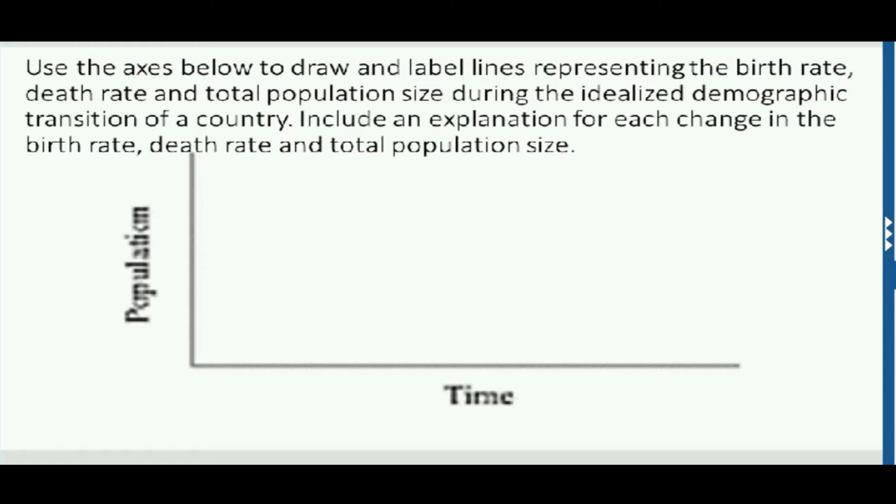So here we go. Let's draw the idealized demographic transition. Okay, so the birth rate, let's do this. It's going to be kind of like this, and then it's going to go down and continue to go down.